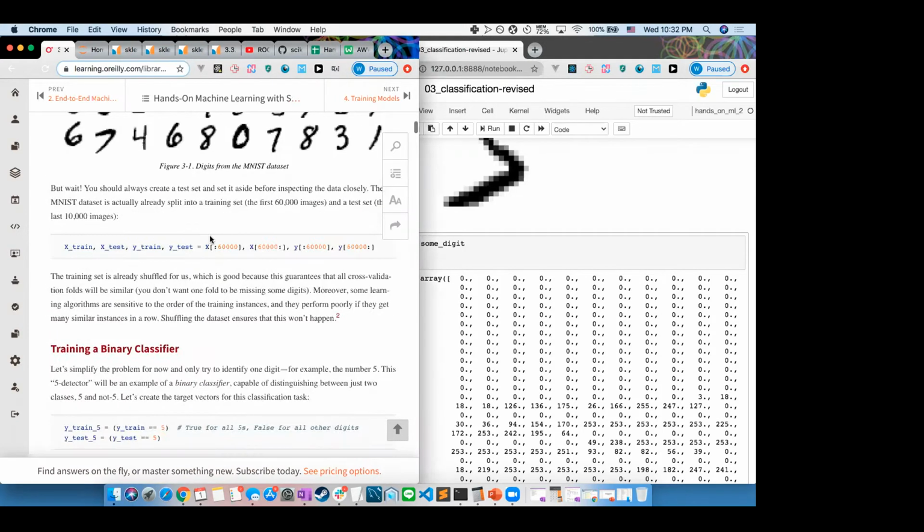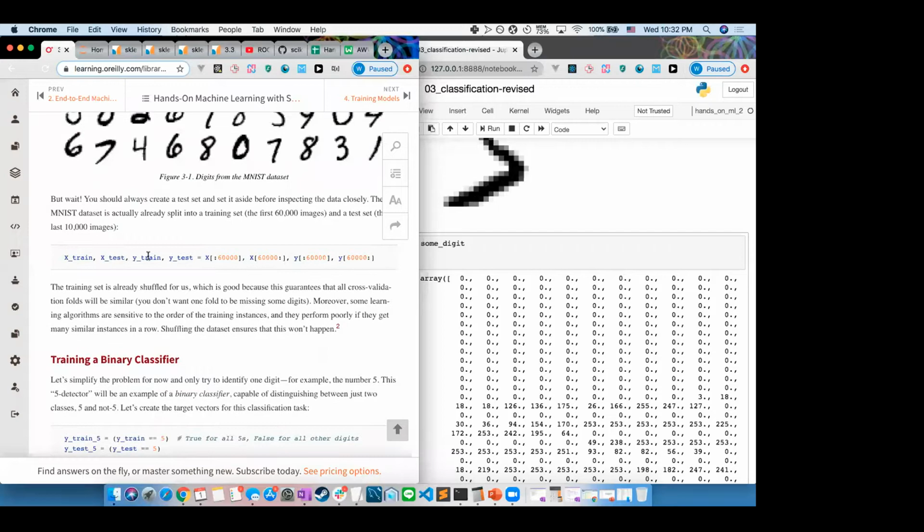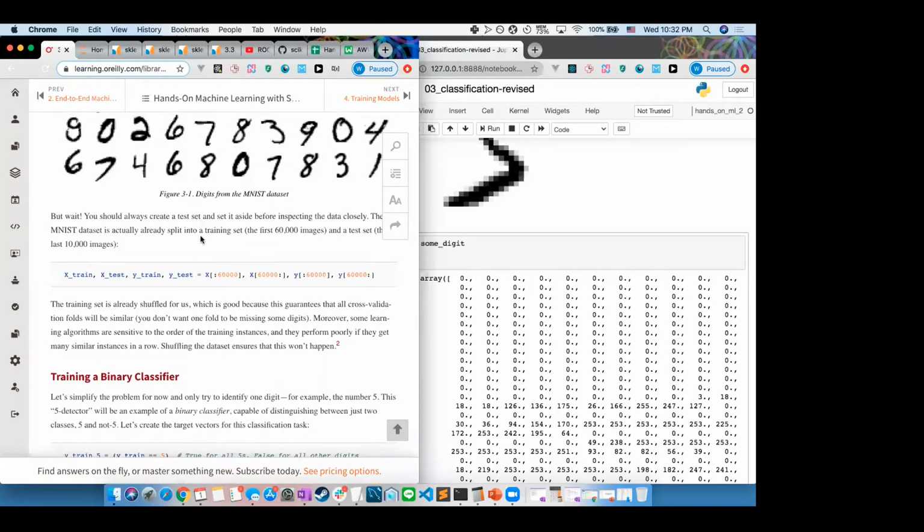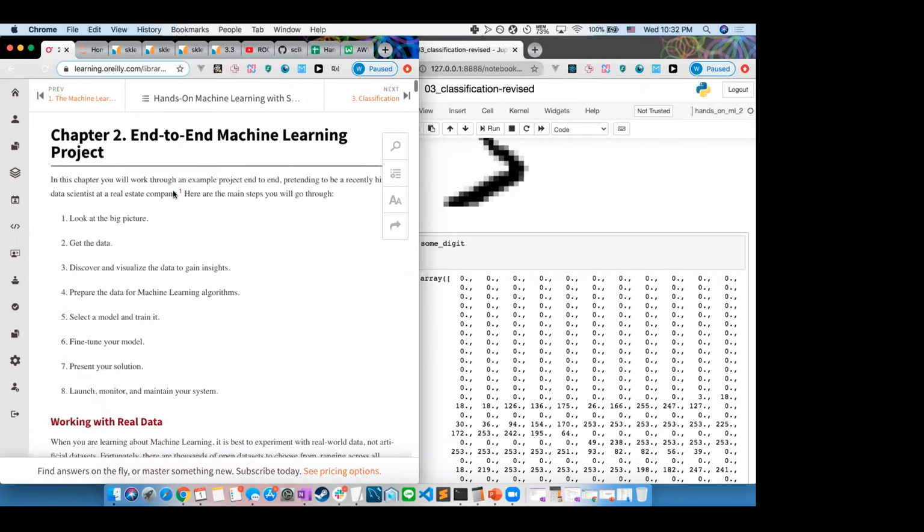Now, I want to bring this up, there are actually pretty important points to be made here. When do you create a test set? When do you do the train test splits? How much EDA should you do before you actually do this? I want to go back to the last chapter.